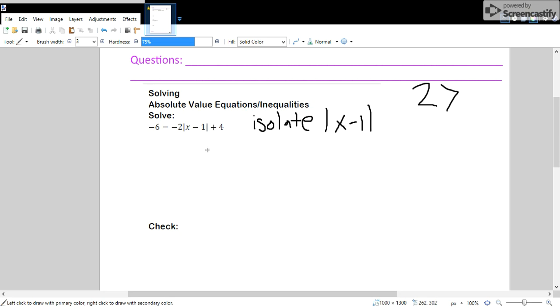So how do we do this? Well, first, we subtract 4 from both sides of the equal sign. Okay, 4 minus 4 is 0, and -6 minus 4 is -10. Bring down everything else.